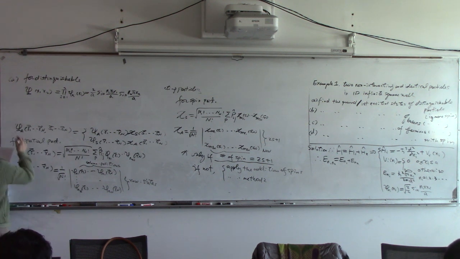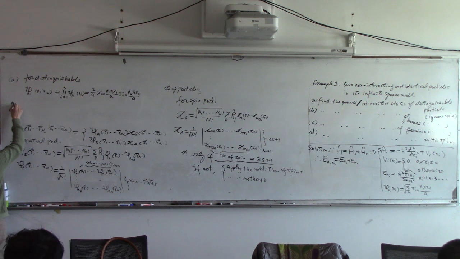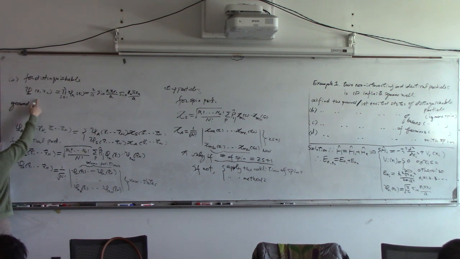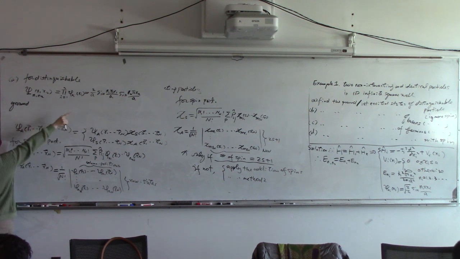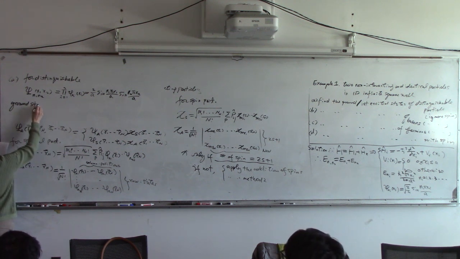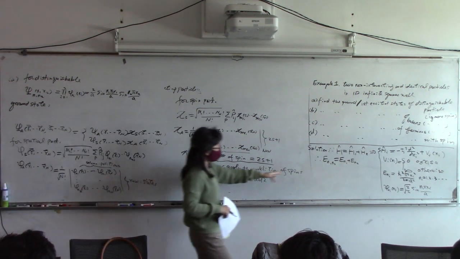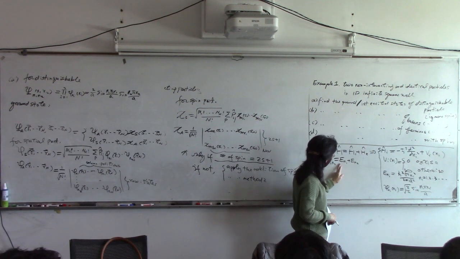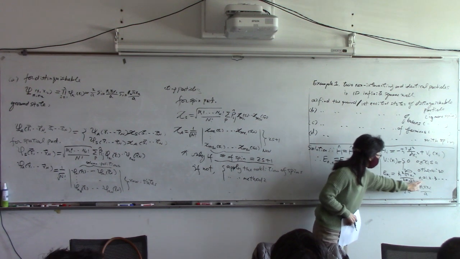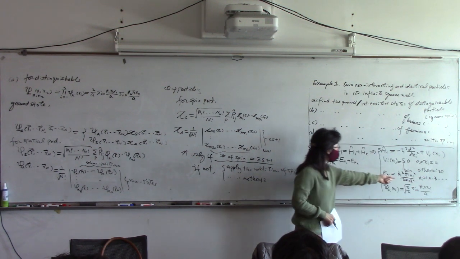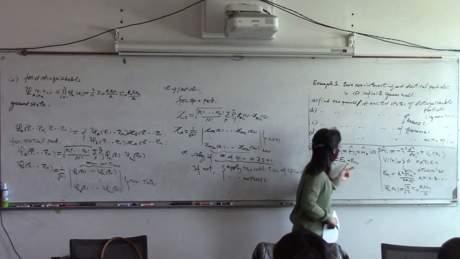Okay, so now let's do the ground state first. This is general, okay, if I use indices n1, n2, like this. So what does ground state mean? The energy is lowest, right? So now we can see the energy is lowest since n_i goes from 1, and the lowest is n_i equal to 1. So both are 1, right?